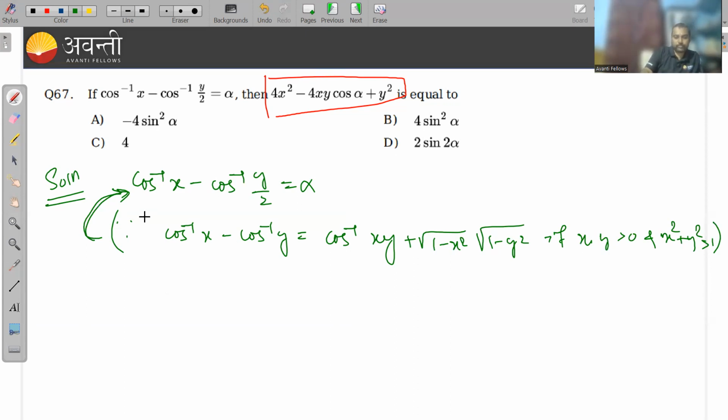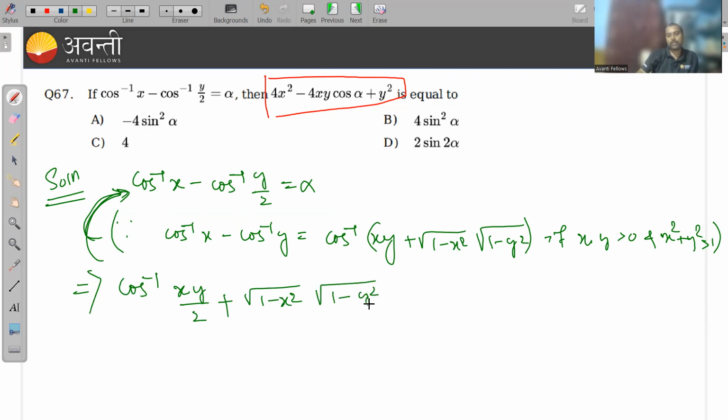So this becomes cos inverse of xy by 2 plus root of 1 minus x square into root of 1 minus y square by 4, right?